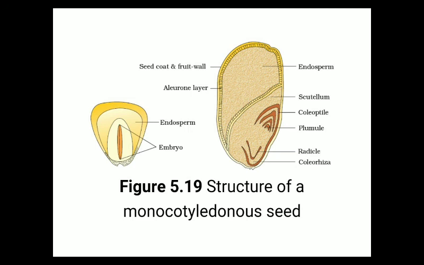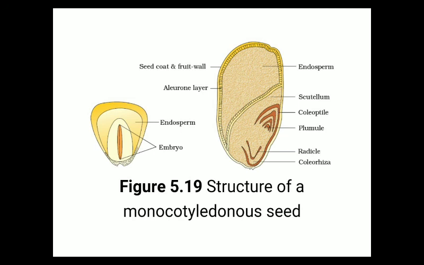In monocot seed, the pericarp or the fruit wall remains fused with the seed coat. And what is the function of this aleurone layer? Aleurone layer is a proteinaceous structure which surrounds the endosperm, and it separates the endosperm from the seed coat.